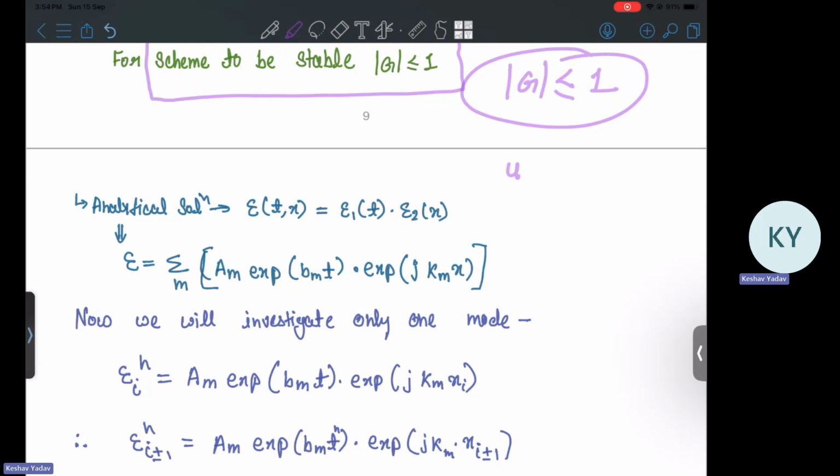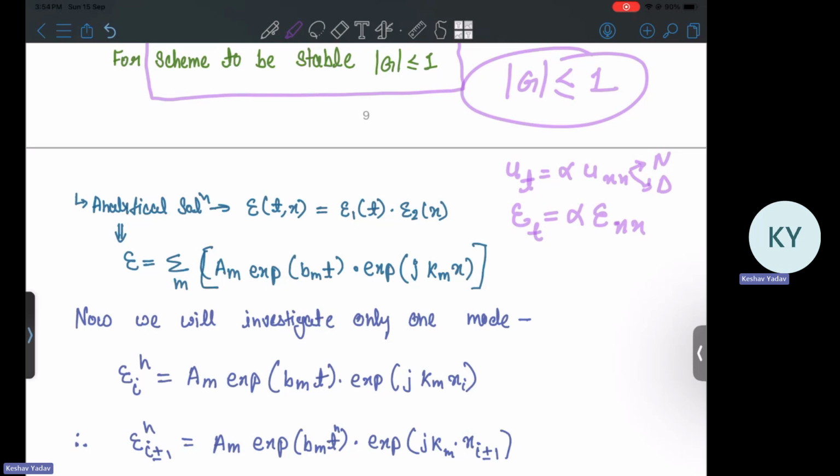So what equation do we have? u_t equal to alpha u_xx. From here it leads to epsilon_t equal to alpha epsilon_xx. First we put N, then we put D, then we take the difference. And for that we know the solution. The analytical solution looks like this: epsilon equals summation over m of a_m exponential of b_m t, exponential of j k_m x, where j is the square root of minus 1, iota.